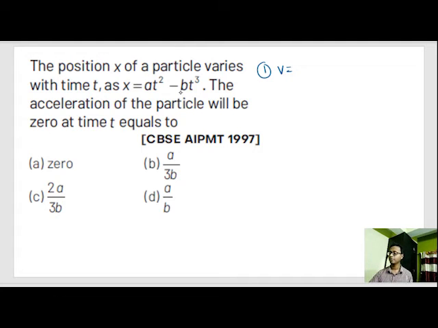The first time we get velocity, and the second time we get acceleration, dv by dt. This acceleration is nothing but this position equation differentiated 2 times.